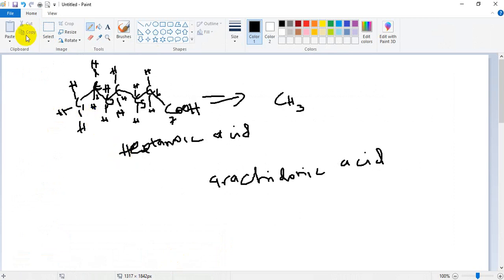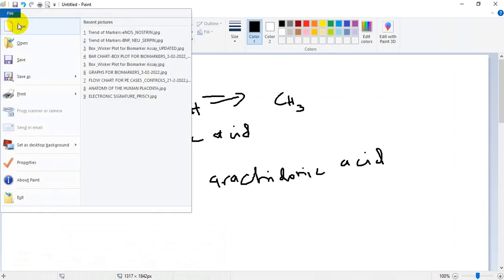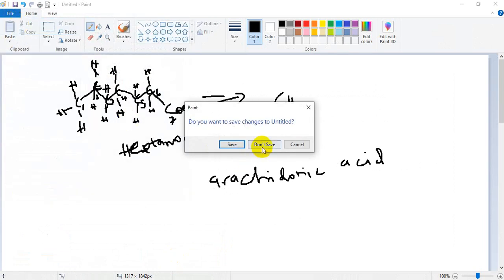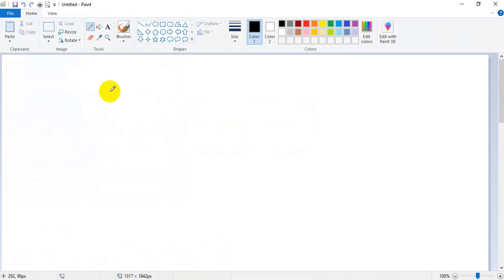So over here, let's explain what a simple lipid is.